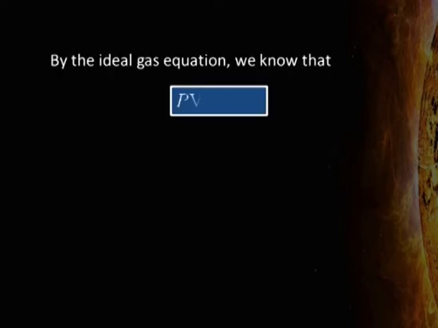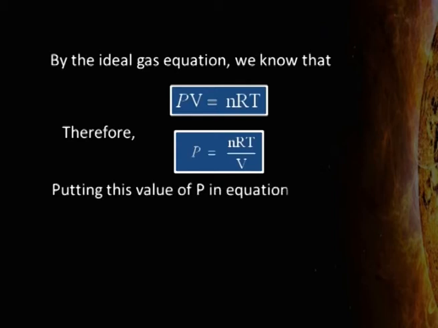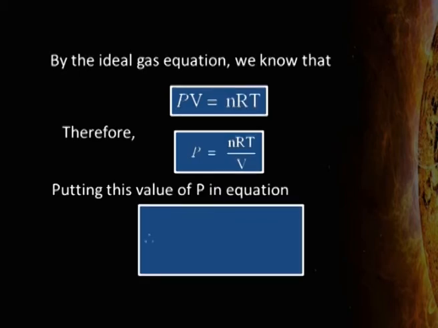By the ideal gas equation, we know that PV is equal to nRT. Therefore, P will be equal to nRT upon V. Putting this value of P in the equation W equal to minus integral of P dV, we will get W equal to minus integral of nRT upon V multiplied by dV within the limits V1 and V2.